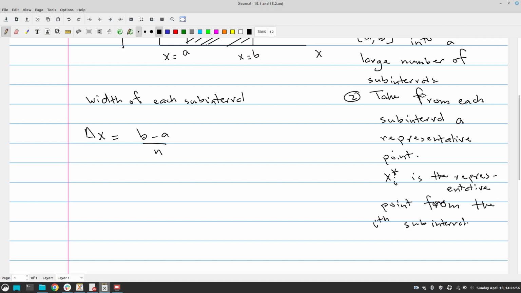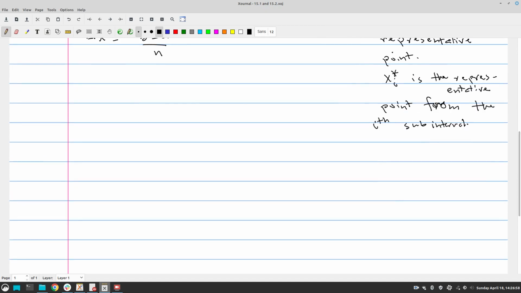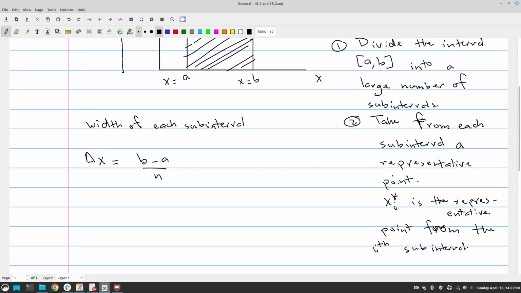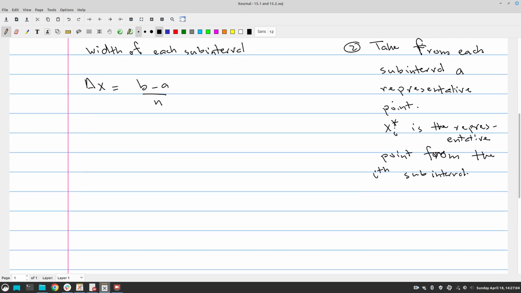So you take a point from each subinterval, and you see you have n representative points. Now this xi star could be any point in the subinterval. It could be the midpoint of the subinterval. That's entirely up to you.